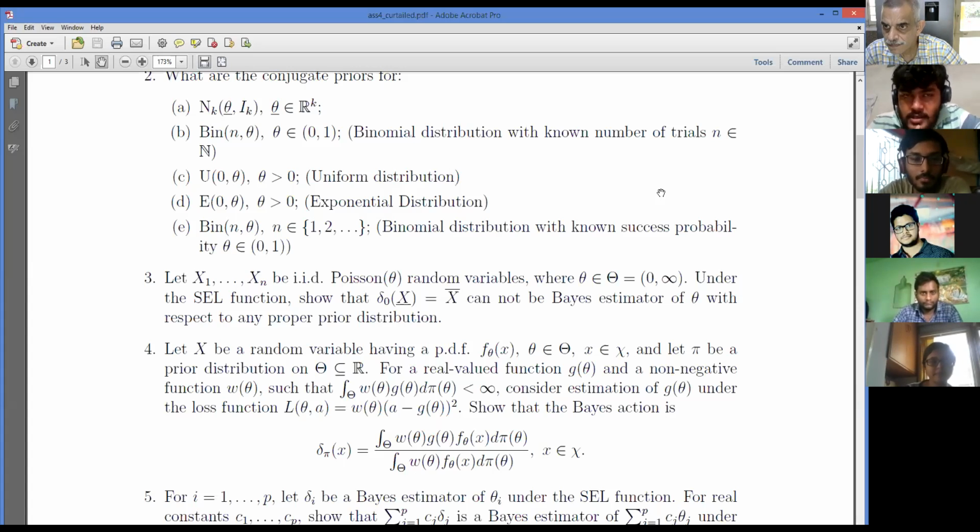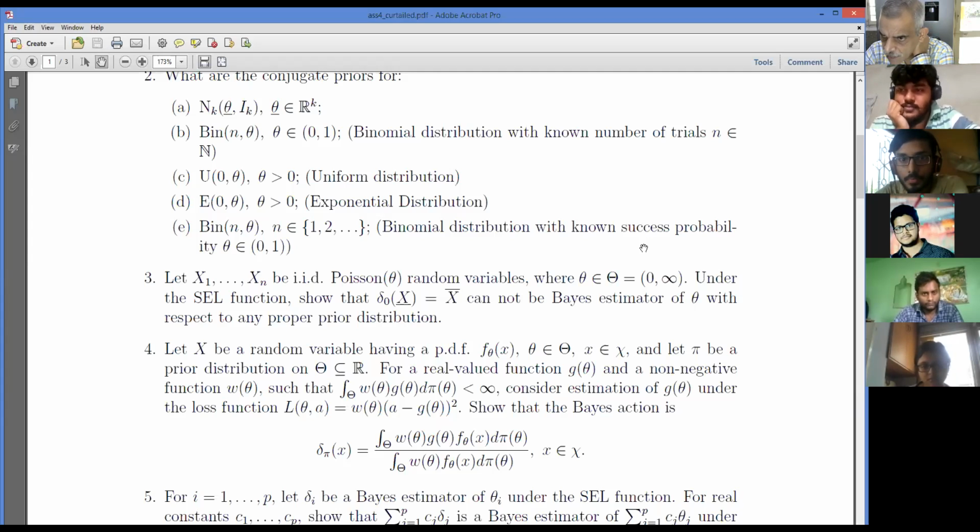Sir, first I have to maximize the risk and then I find an estimator which minimizes the maximum risk? No. See, first let us look at the Bayes estimator, what you are doing. The prior is fixed, and this prior is the same for all the estimators.